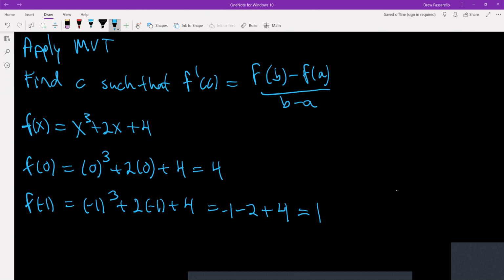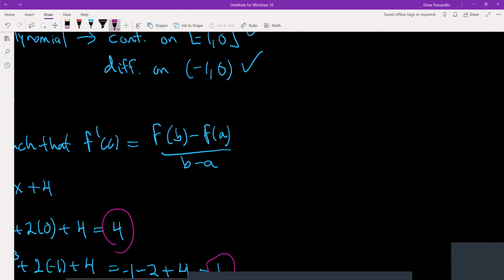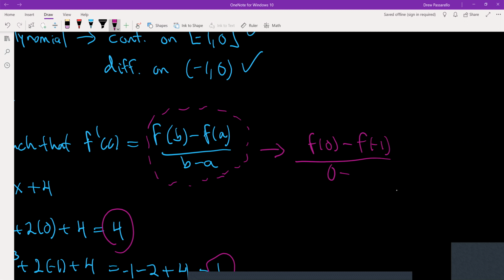All right, so we have 4 and 1. So basically this portion right here, we need f of 0 minus f of -1 divided by 0 minus -1. That's just plugging in what b and a are.